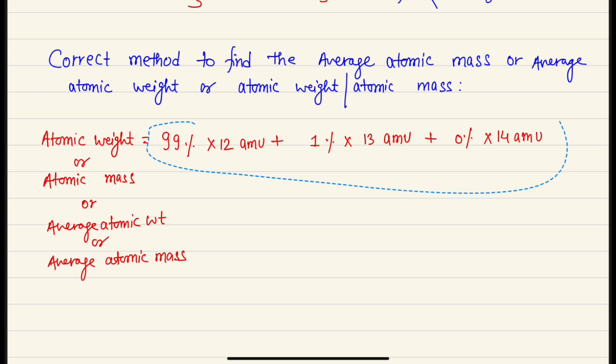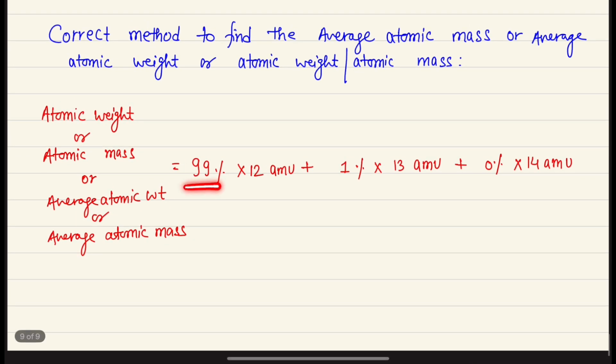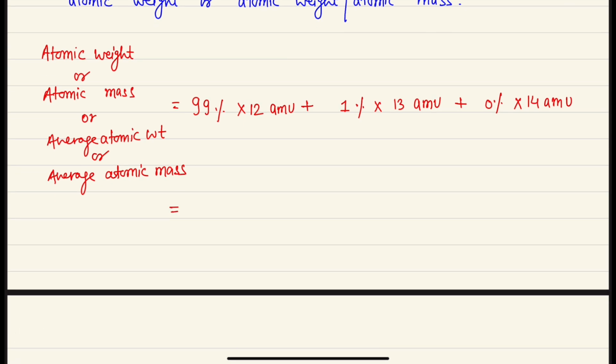All are the same thing. Very, very important. Atomic weight, atomic mass, average atomic weight, average atomic mass, all are the same thing. And we have to take the percentage of all the isotopes. Now if you do the calculation here, then you will get 99 by 100 into 12 AMU plus 1 by 100, because this is the percentage, into 13 AMU plus 0 by 100 into 14 AMU.